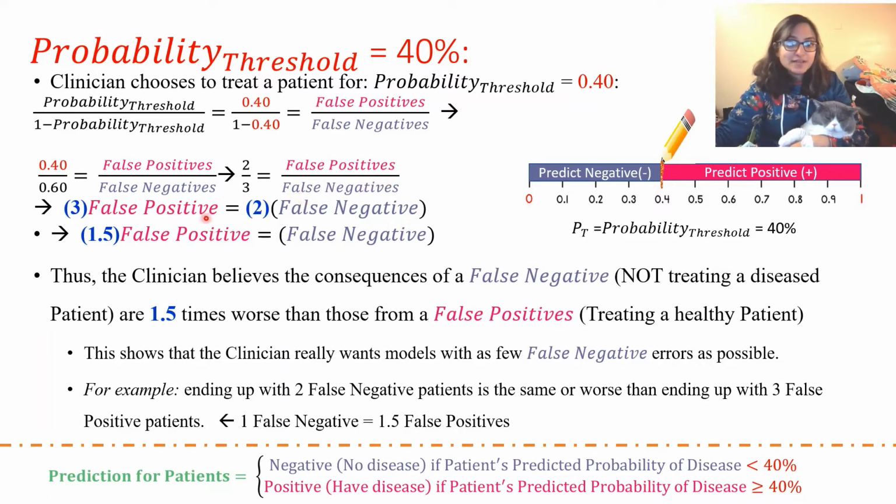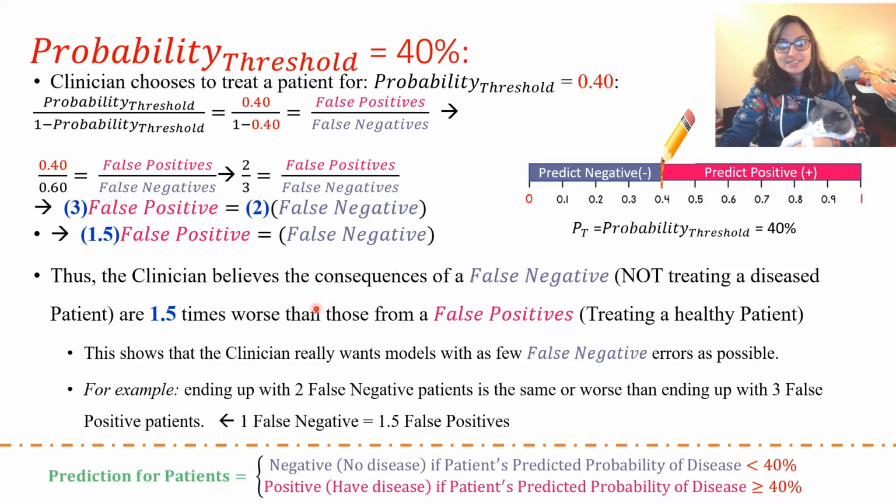So if we divide both sides by 2 here, we get that 1.5 false positives equals 1 false negative. What we want to do is we always want to set it equal to the unit of 1 on one side. So 1.5 false positives equals 1 false negative. That's what we want to do.